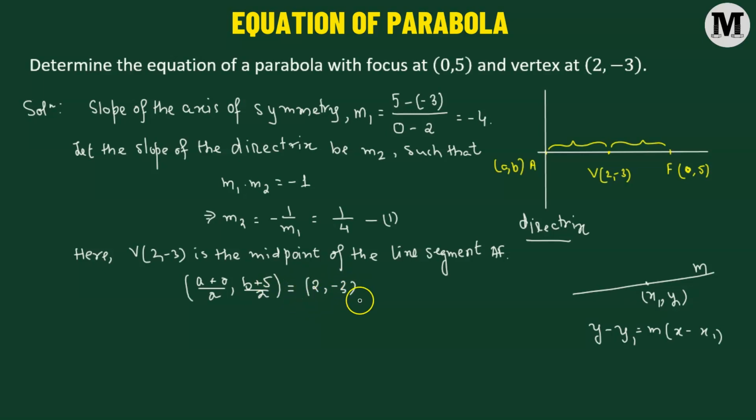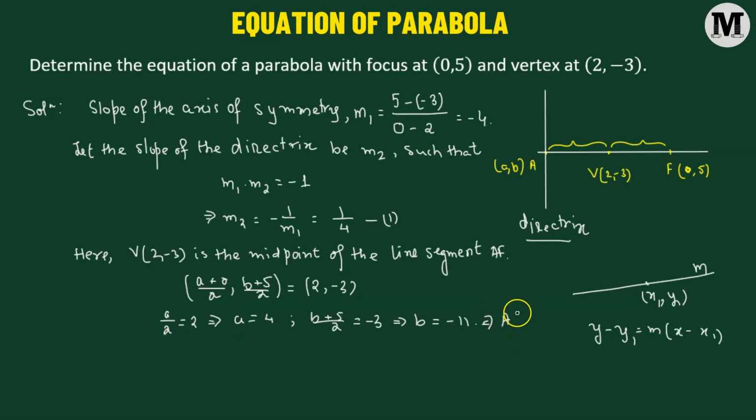Since they are equal, we can equate them. So a plus 0, that's simply a, over 2 equals 2, giving us the value of a as +4. Then we have (b plus 5) over 2 equals -3, which means that b will be equal to -11. That's going to be the coordinates of point A. So we've successfully obtained the coordinates of point A, so let's write it down here.